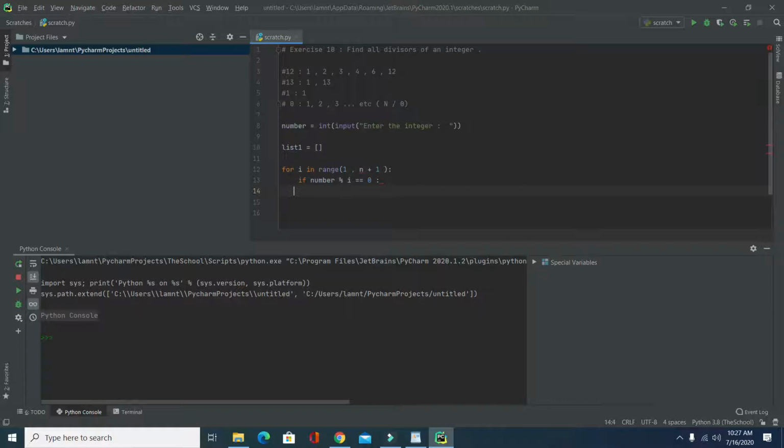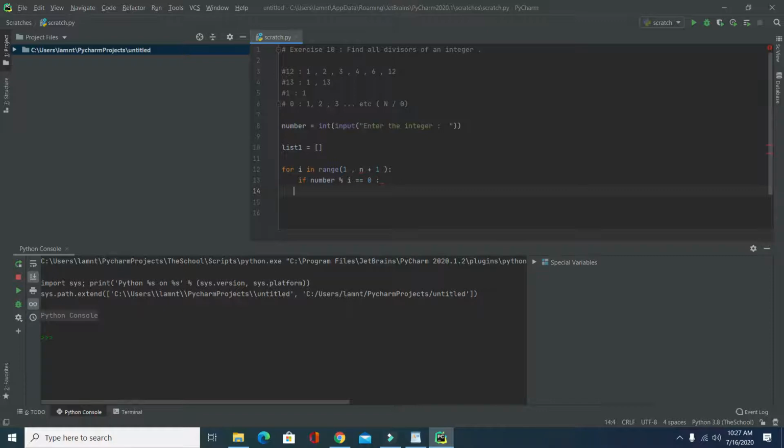So now for i in range 1 to n plus 1, if number divided by i, then i is a divisor of the number that we input. Because i is a divisor, we're going to add i into the list, and then we're going to print the list out as the list of divisors.